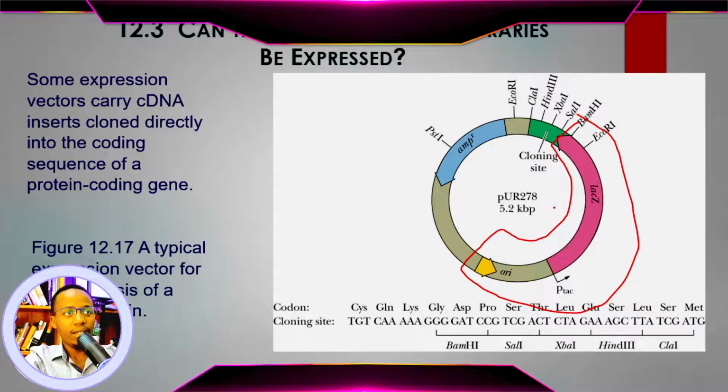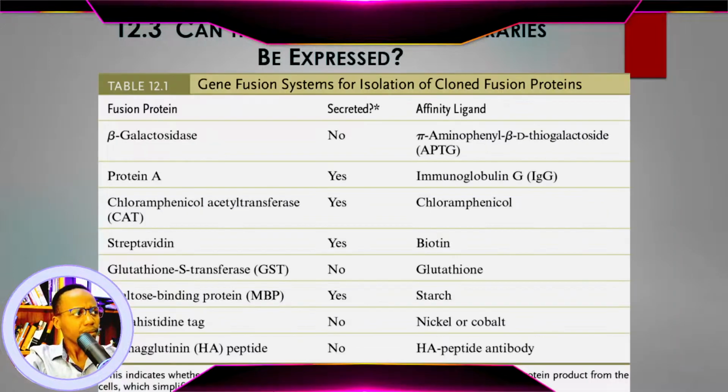So you can use this machinery and this vector to express your protein. All right, and these are some of the examples of proteins that have been isolated. They were isolated early, very early, using the clone genes in the libraries. But right now, we can pretty much express anything.